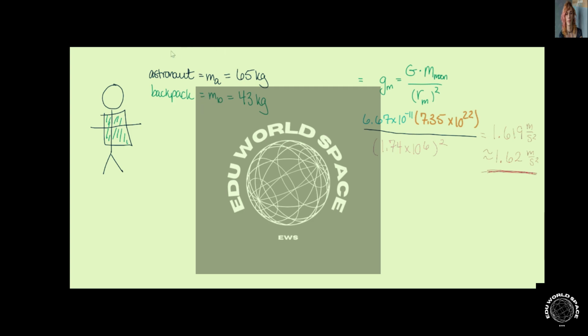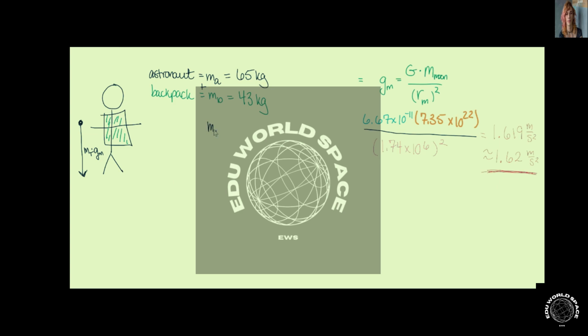Now, we know that the reaction force, her weight, is going to be the cause of this reaction force, her total weight. So it's going to be mass total times the gravitational acceleration of the moon, right? So we have to add these two masses together to get our total mass.